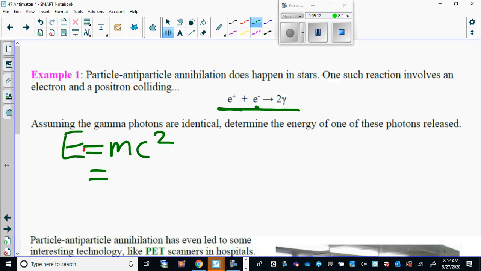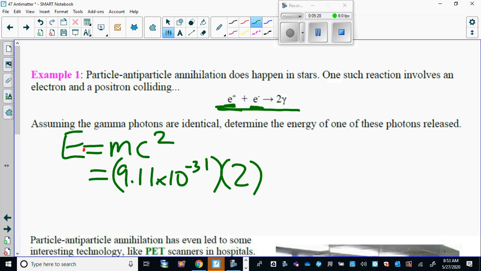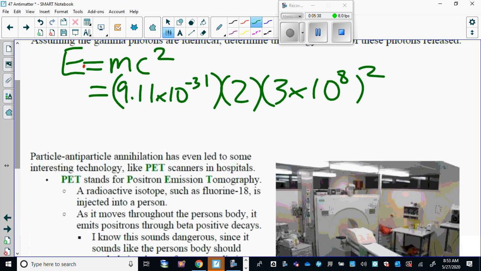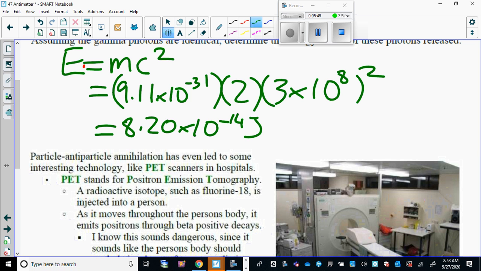Well, an electron and an anti-electron are just going to be 9.11 times 10 to the negative 31 times 2, because an anti-electron and electron have the same mass, they just have opposite charges, times the speed of light squared. And you get 8.20 times 10 to the negative 14 joules.